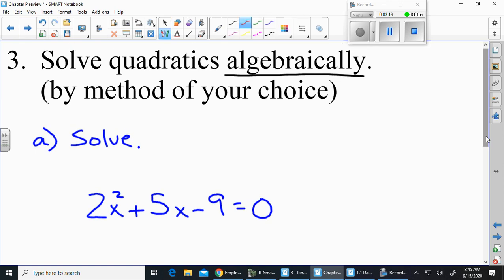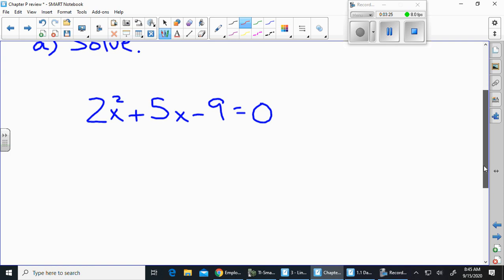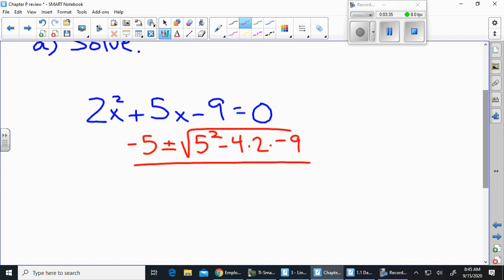Most people with this first problem would probably do the quadratic formula. So opposite of b, plus or minus the square root of b squared minus 4 times 2 times -9, 4ac, all over 2a.